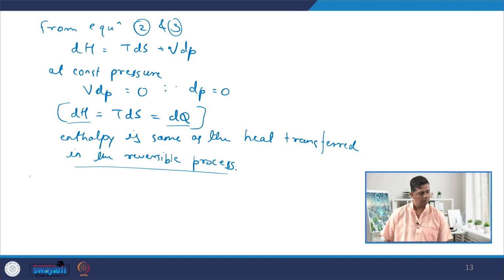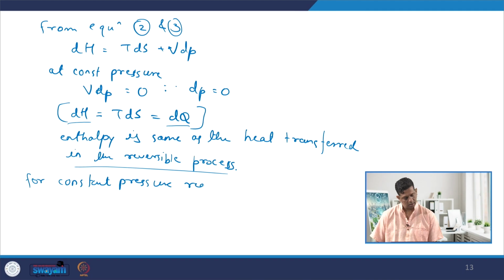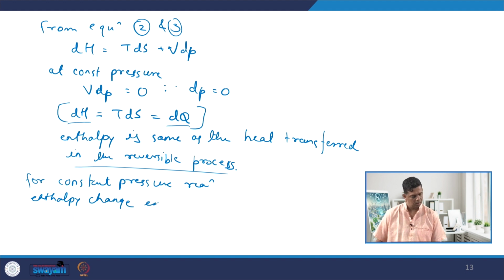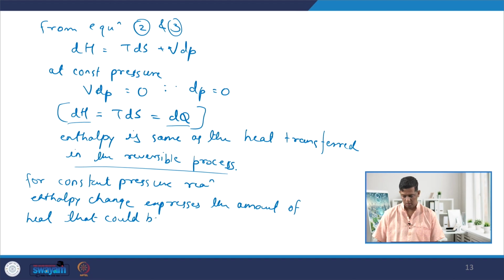And we can say that for a constant pressure reaction, this enthalpy change basically expresses the amount of heat that could be evolved by the reaction.